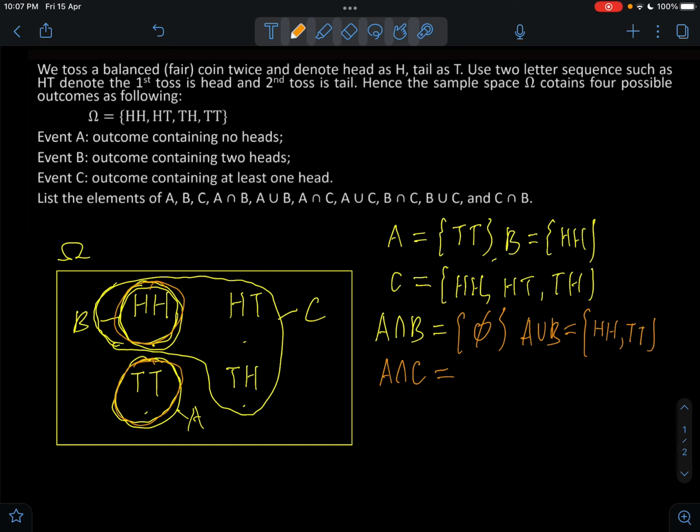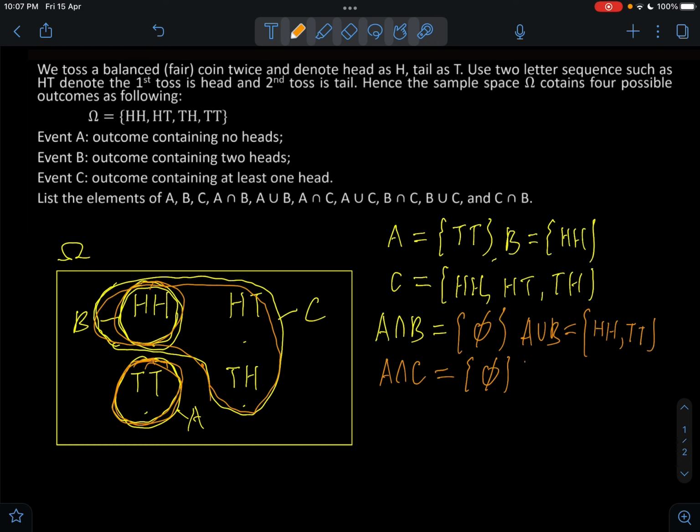C contains HH, HT and TH. A contains TT. So they are still disjoint, there's no intersection in between. We also call this mutually exclusive. So their intersection will also be the empty set.